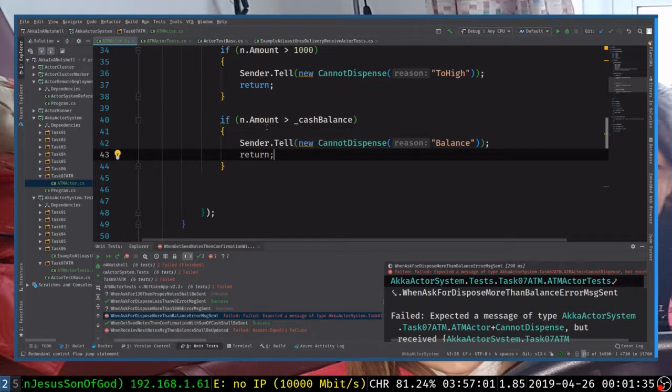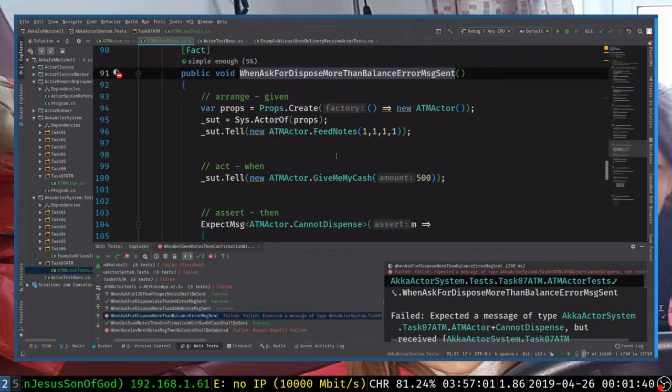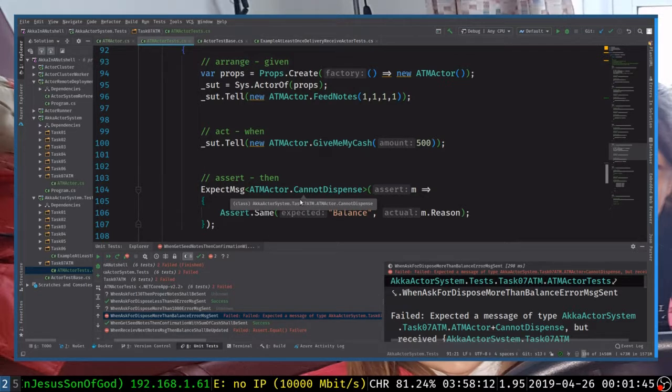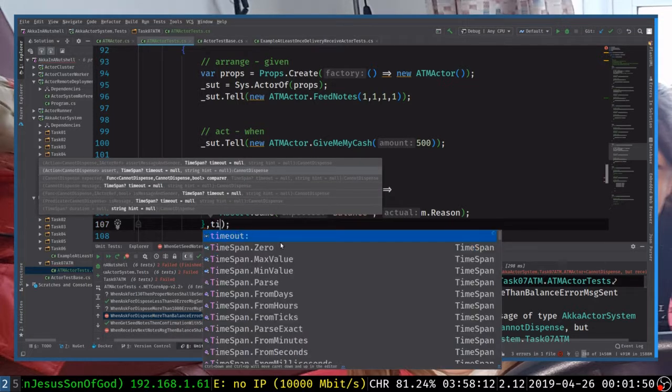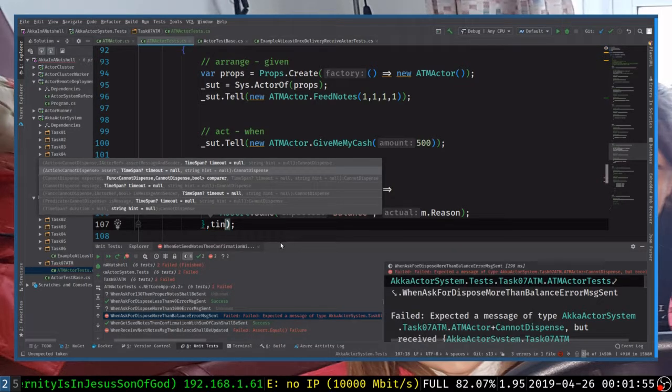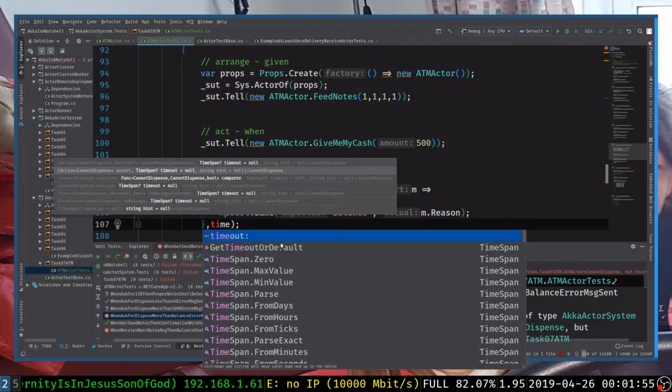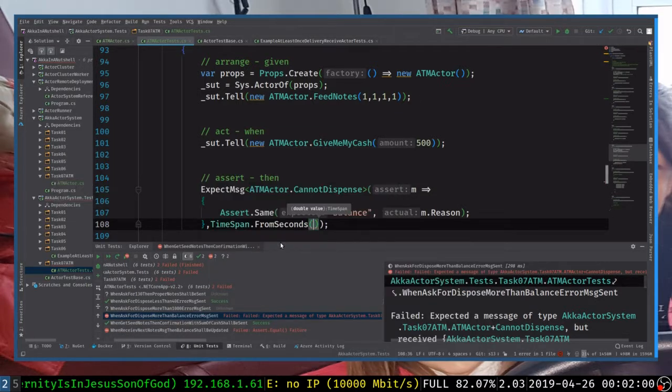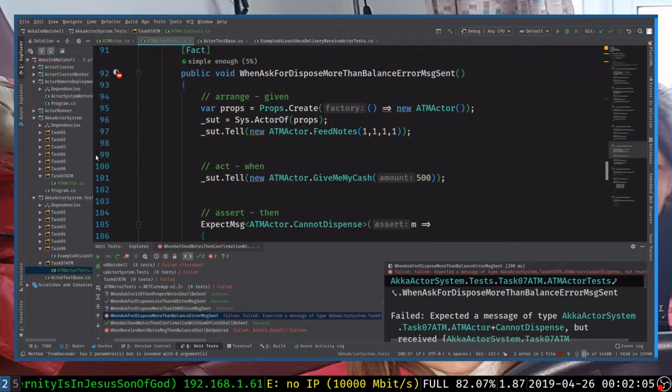If an amount is bigger than cash balance, can't dispense. So what are we expecting? We're expecting can't dispense. Okay, that's interesting. So let's give him 5 seconds. Maybe actor system something.